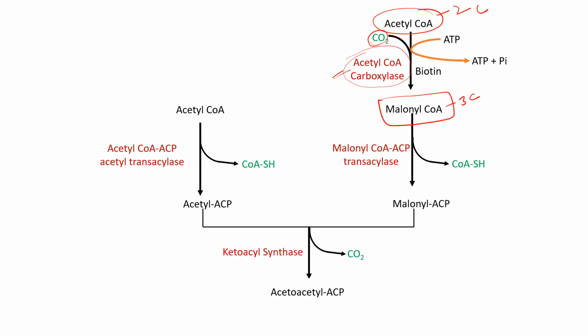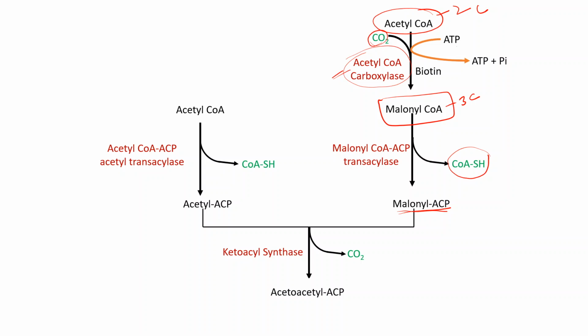ATP is required in this step, and then this malonyl coenzyme A will be converted into malonyl ACP by the enzyme malonyl CoA ACP trans-acylase, and in this reaction CoASH, that is coenzyme A, will be released and ACP will be bound to the malonyl group.